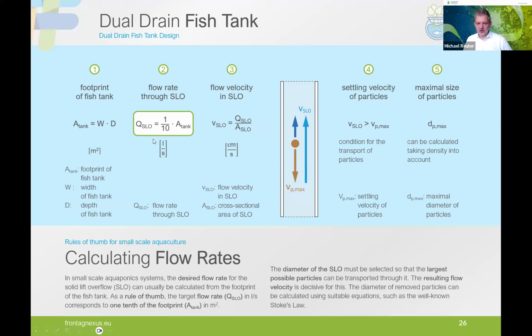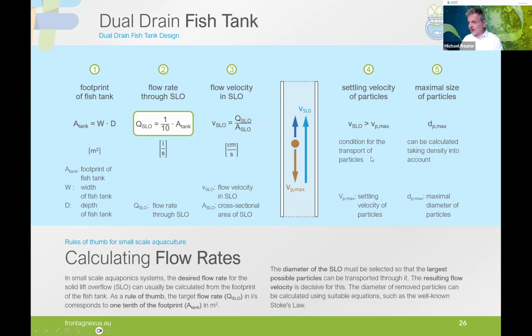And if you want to know if this produces a flow velocity that is high enough to get all the solids out of our system, we can just look at the velocity of the water in our SLO, which we can calculate by dividing the flow rate, let's say 6 liters per minute, by the cross-sectional area of the SLO to have the velocity of the water.